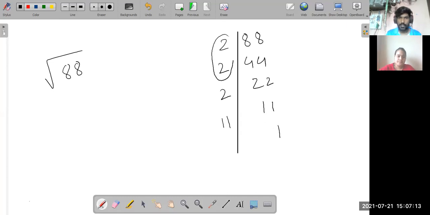So this one pair and this you multiply. So it is 2 root 22. Do you understand this? Yes, I understand. Okay. So the second sum is right.